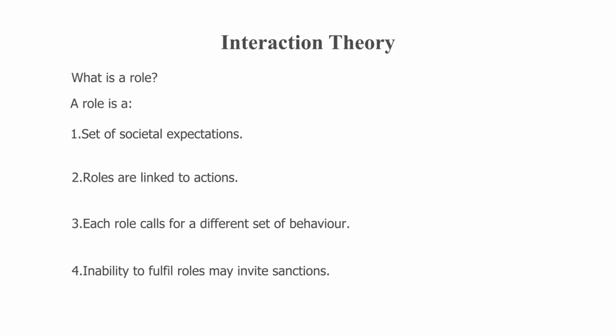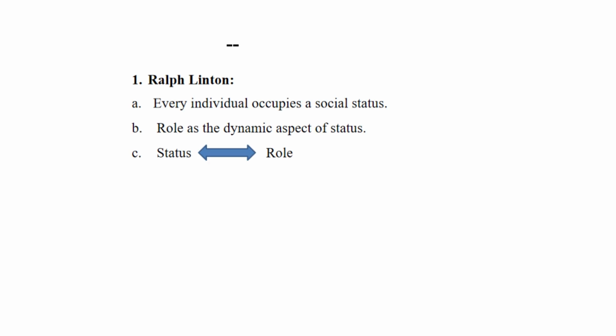We now look at some key definitions offered by theorists across time to understand this concept of social role. For this, I have pointed out two sets of definitions. The first is by theorist Ralph Linton, who in 1936 gave us a definition of social roles based on status. He stated, and I quote, "A role represents the dynamic aspect of status. The individual is assigned to a status and occupies it with relations to other statuses.